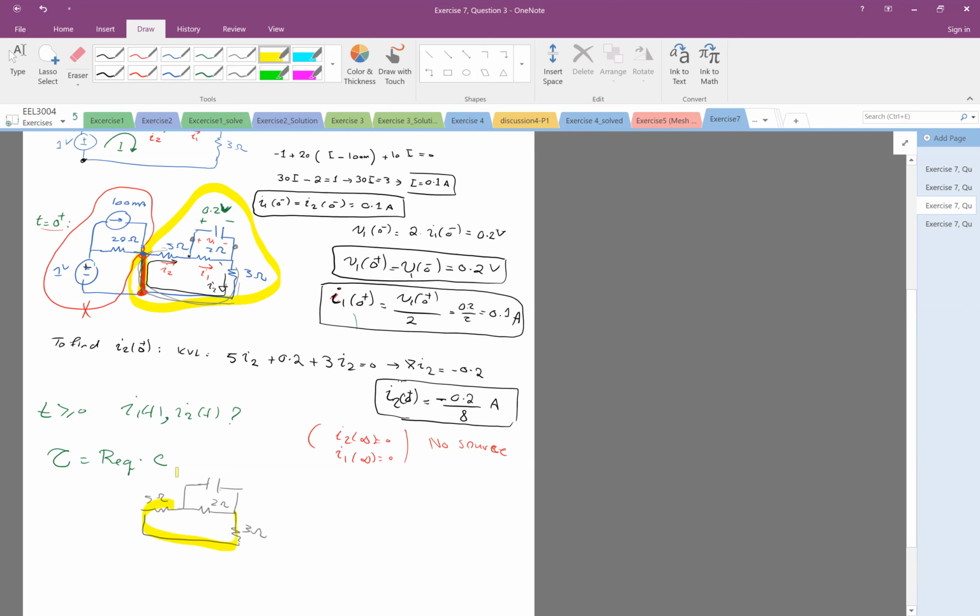These two are in series, so 5 plus 3 is 8 ohm. And that 8 ohm is in parallel with 2. So our equivalent is 8 parallel with 2, which is 8 times 2 divided by 8 plus 2, 1.6 ohm.